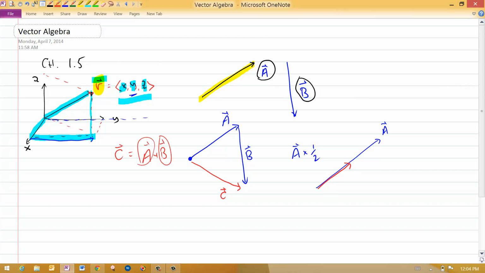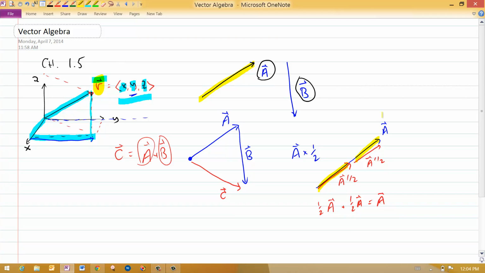Here's another copy of that same vector, A times 1/2. If I add 1/2 A plus 1/2 A, you should expect that you get the full vector A back. That is, you go in the same direction as A, half as long, and then half as long again.